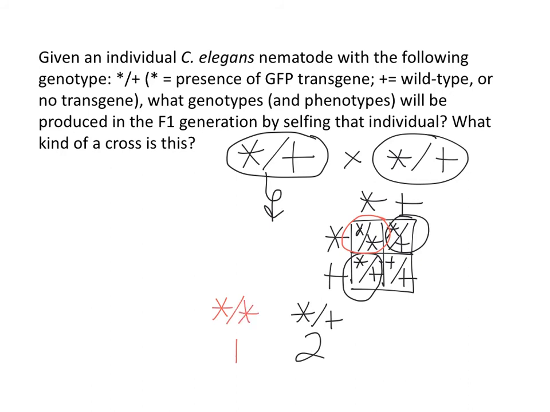And then the only other one left is wild type. And that's where we get that common ratio 1 to 2 to 1. 1 homozygous, 1 allele, 2 heterozygotes, and 1 homozygous, the other allele. That's genotype ratio. Not shockingly, because we're looking at the genotypes.